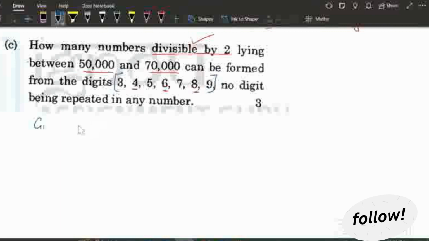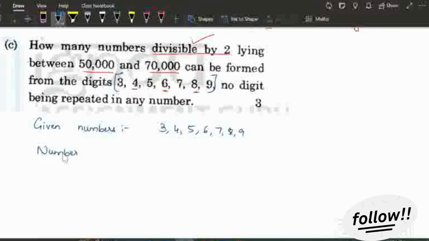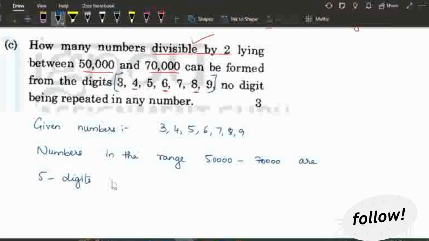So the answer is presented like this. Given digits are 3, 4, 5, 6, 7, 8, and 9. Now, the required numbers in the range 50,000 to 70,000 are 5-digit numbers starting with 5 or 6.